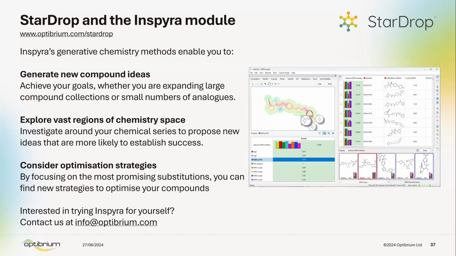And that is exactly the philosophy behind Inspyra, which is generating and exploring lots of chemistry, but guided by the expert. So that reinforces the IP in the actual compound structures that are eventually selected for synthesis and testing. I think this provides a reinforcement of the IP position.